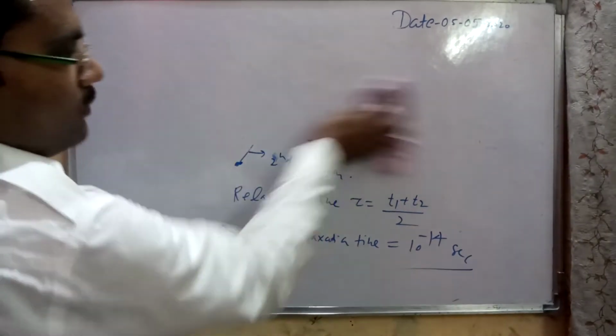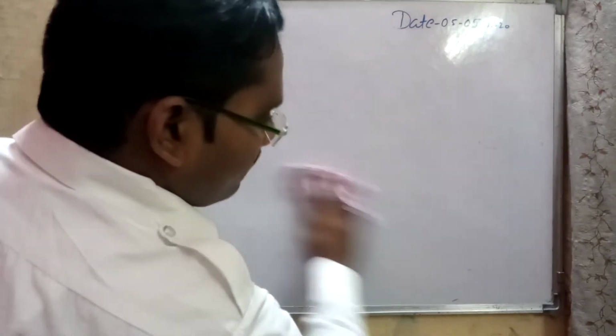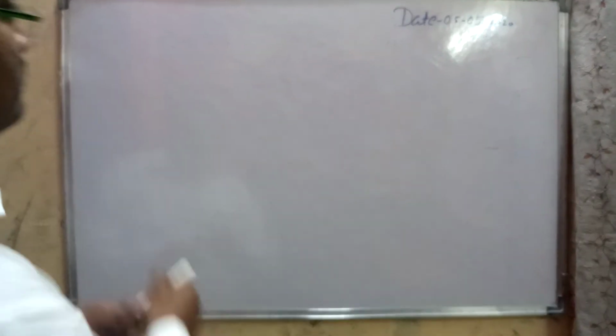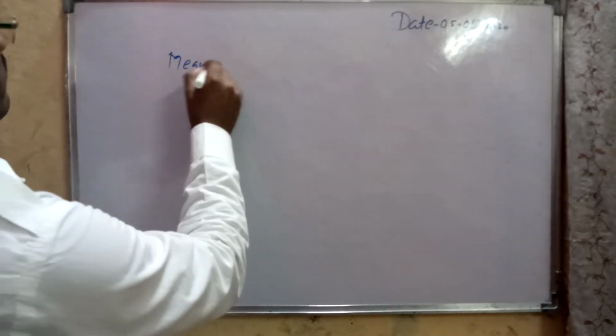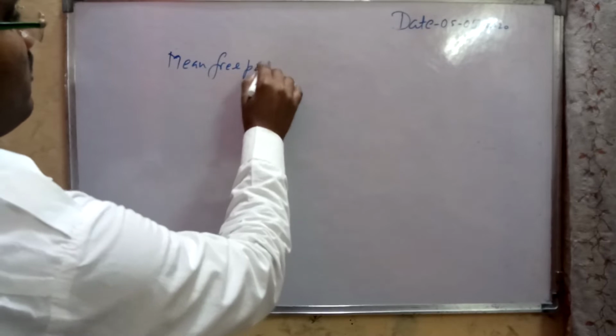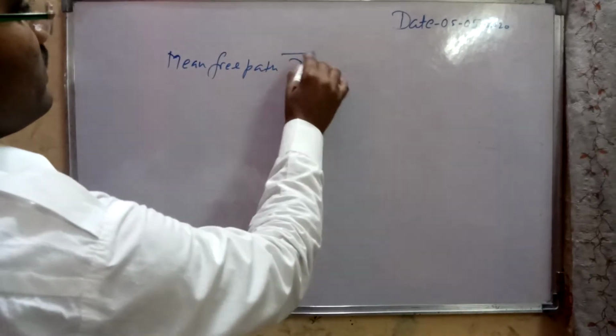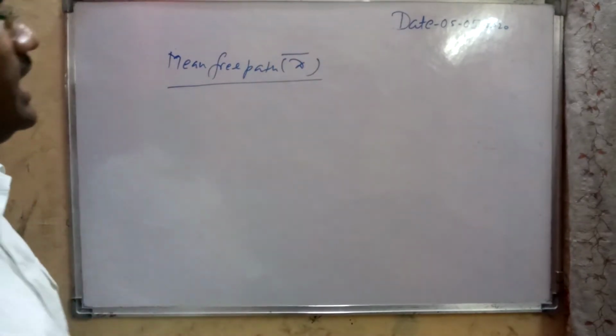Now the next one is the mean free path of a free electron. Mean free path is denoted by lambda bar.